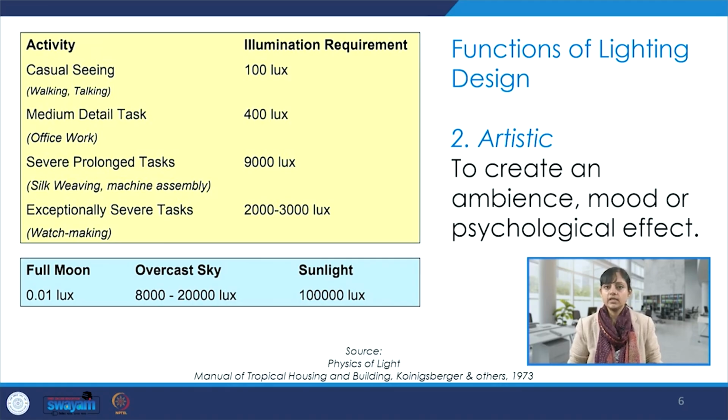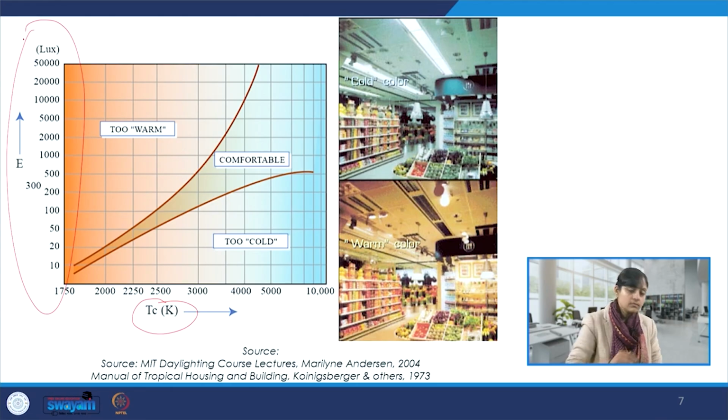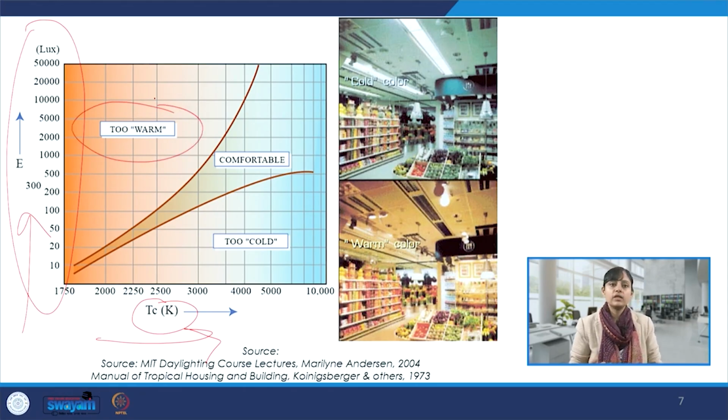The other function of lighting design could be artistic, to create an ambience, mood, or psychological effect. Now, there is always a temperature association when we talk about lighting design, and we have touched upon it. There is also an association between light and color. Here, with lux levels on this axis and temperature on this axis, we could classify three different zones: too warm, too cold, and comfortable.